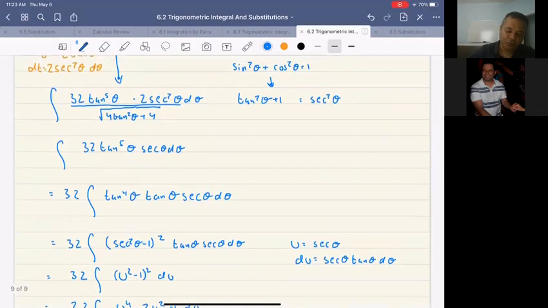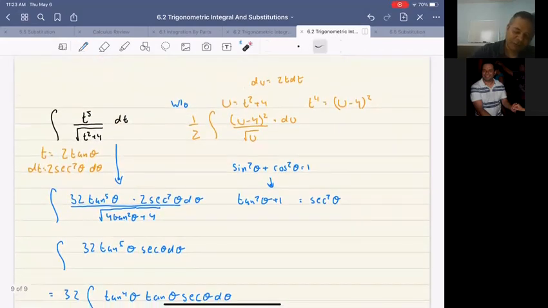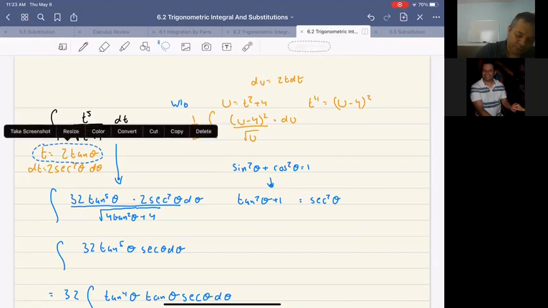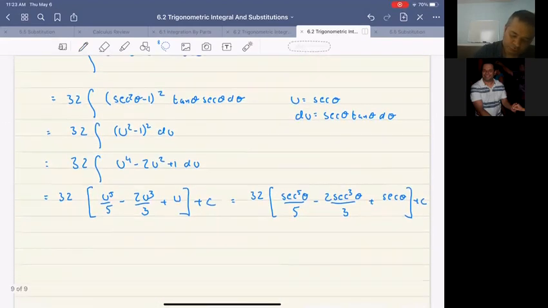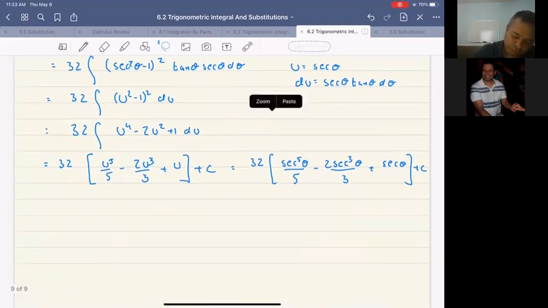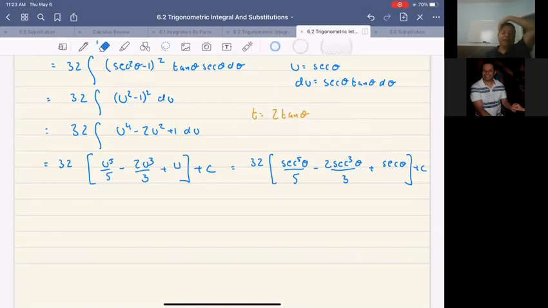Now, our original integral was in terms of t. Okay, let's bring this down again. t equals 2 tan theta.